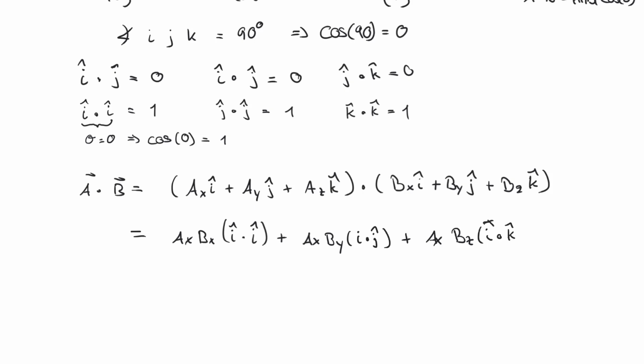And that was the first multiplication, right? So I took ax and multiplied it by bx, I took ax and multiplied it by by, and I took ax and bz.